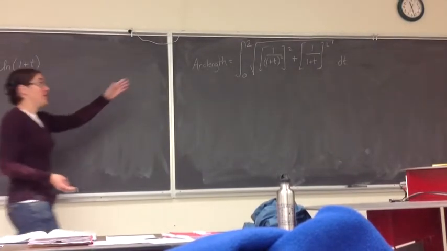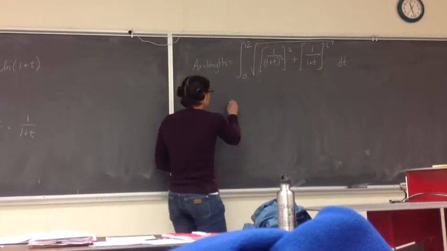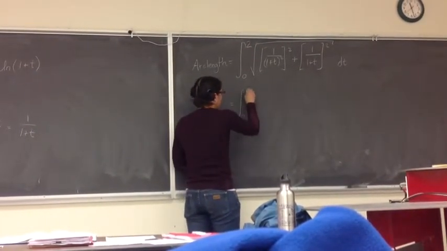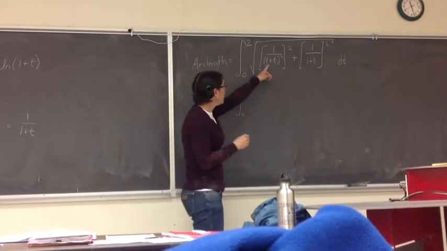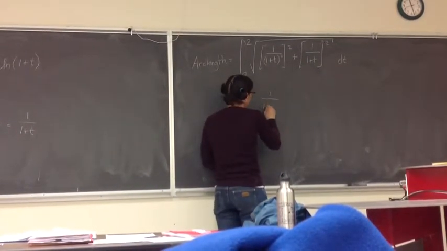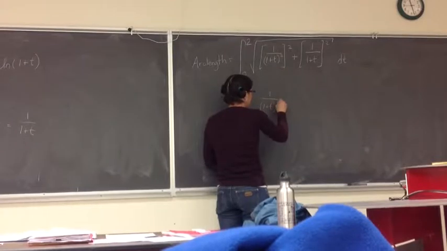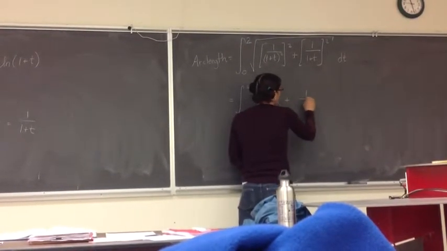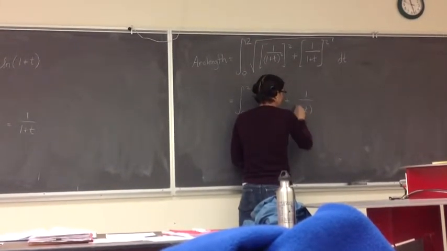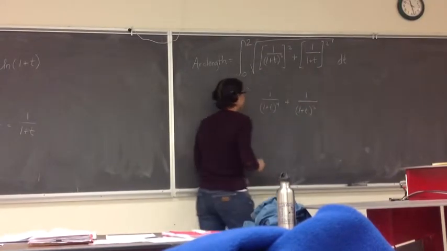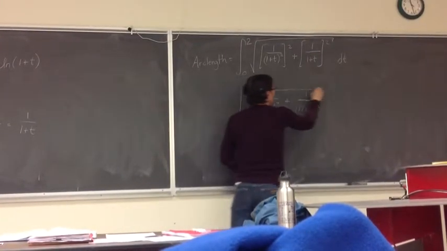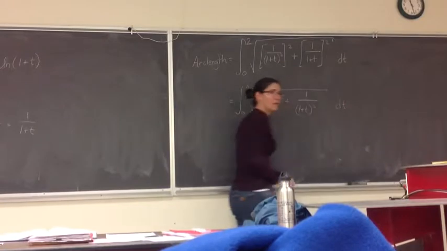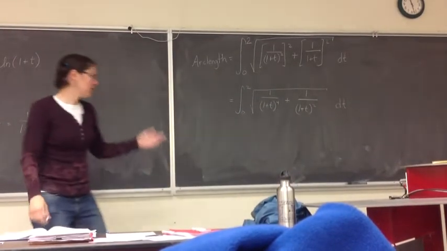Okay, so now if we want to evaluate this integral, some things we might have to work with here: we have the integral from 0 to 2 of the square root of 1 over (1 plus t) to the 4th, plus 1 over (1 plus t) squared. Erin, what were your thoughts on this one?